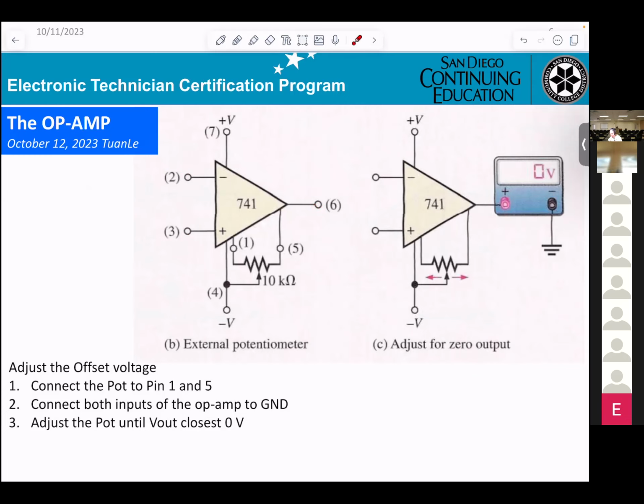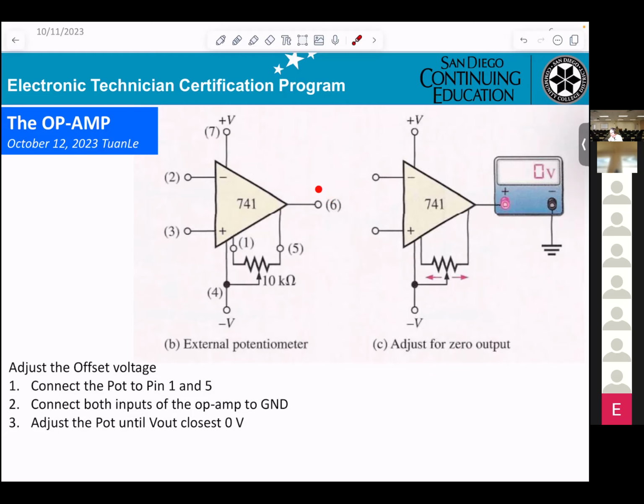However, when you measure input 0 here, input positive, input negative, both 0, and then you measure the output, it's not 0. It can be 100 millivolt.